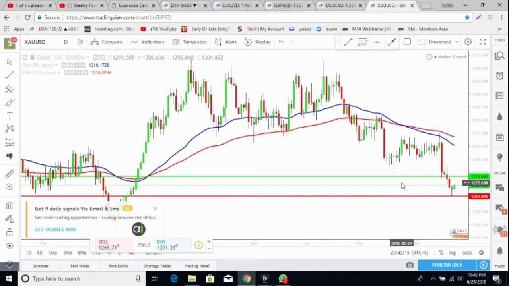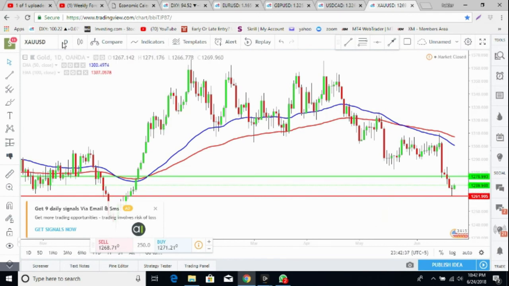Monday can be tricky for gold. It can try to go up or go sideways. If it manages to go up, it's heading to 1276.99 and above. In case it drops, then we might see again 1261.90 and below.